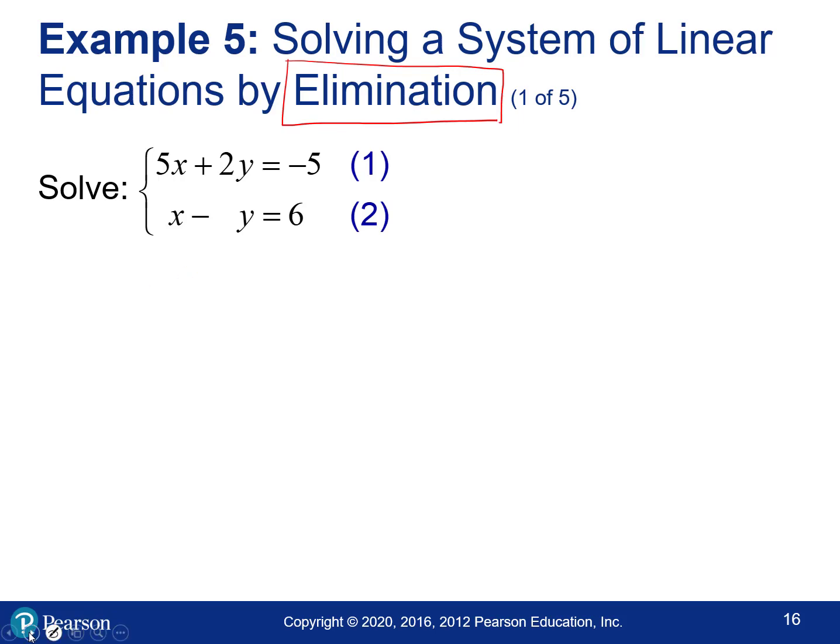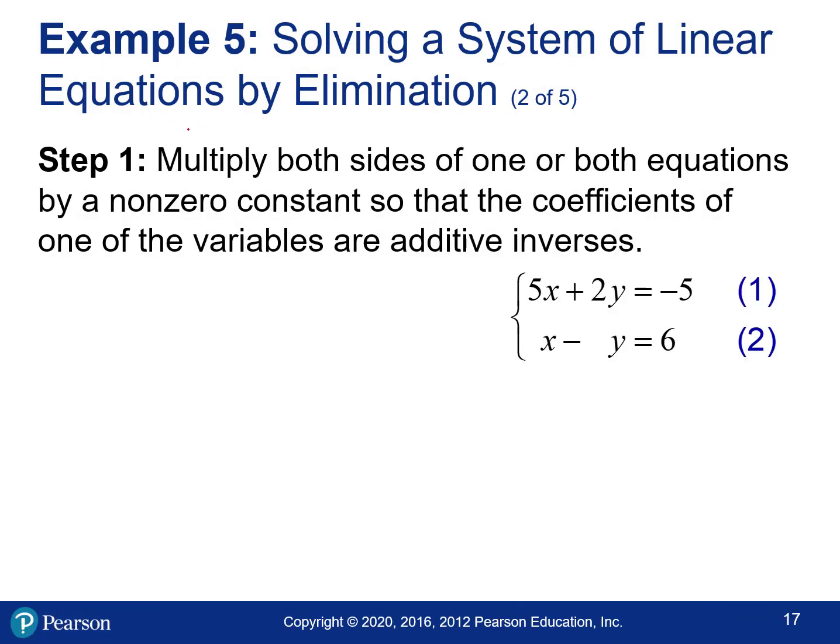All right, here's what you do. You eliminate a variable. So step 1, we're going to multiply both sides of either one or both equations by some number, can't be 0, so that the coefficients on one of the variables are opposites, additive inverses. What does that mean?